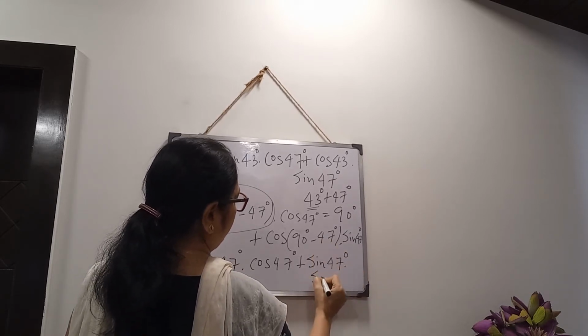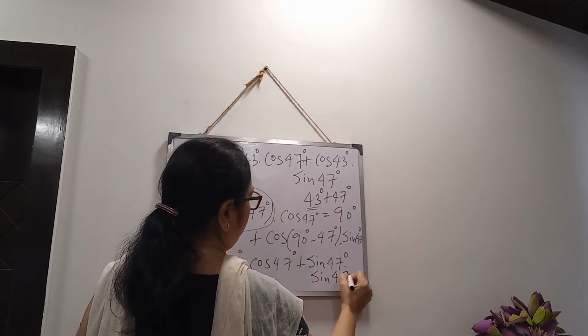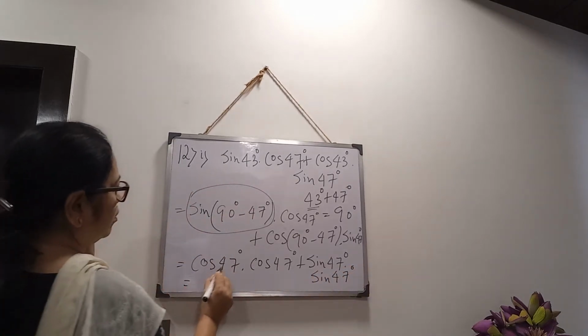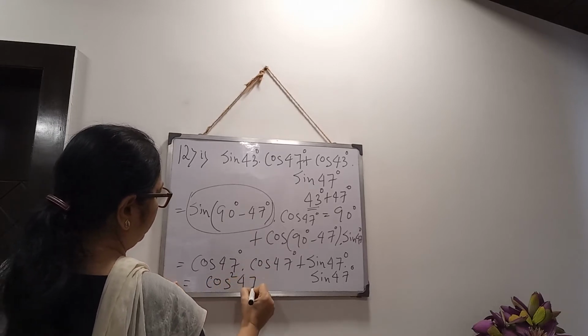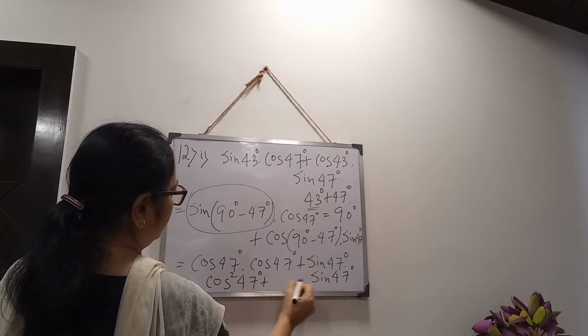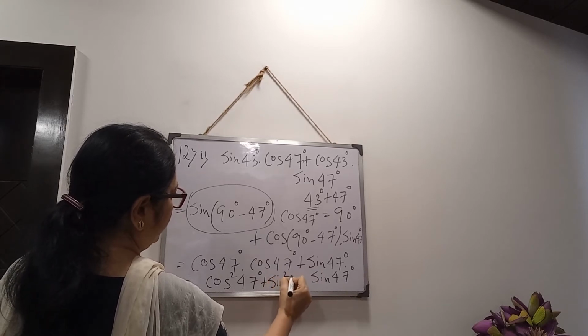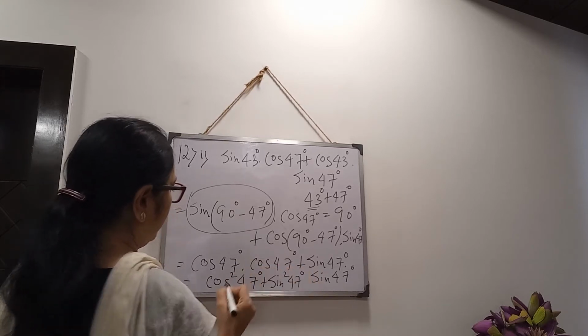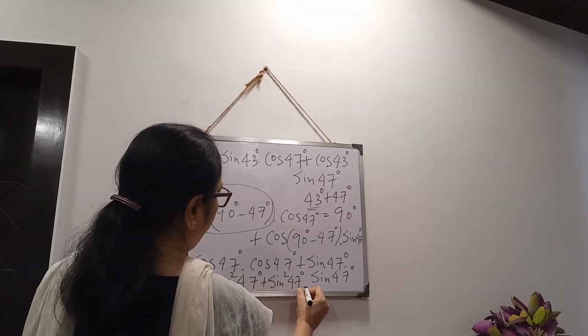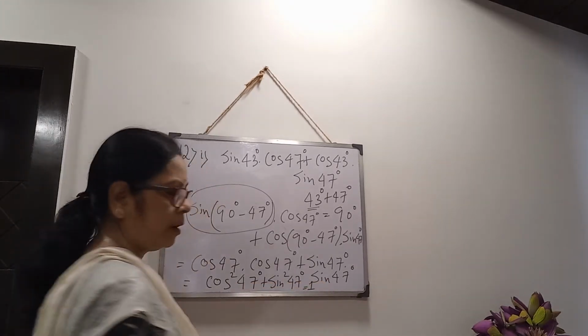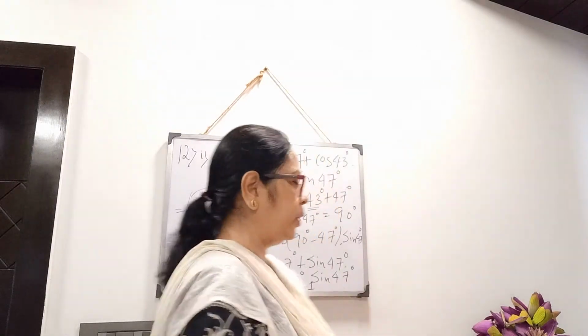Clear? Now see, cos 47 into cos 47 means cos square 47. Sine into sine, multiplying, sin square 47. Now you know the formula, cos square A plus sin square A equals 1. Clear? So your option is B.